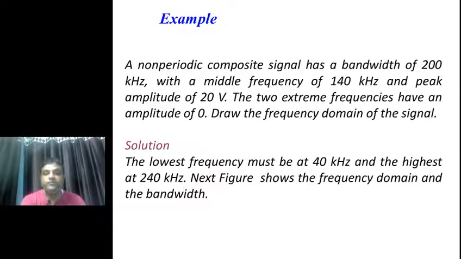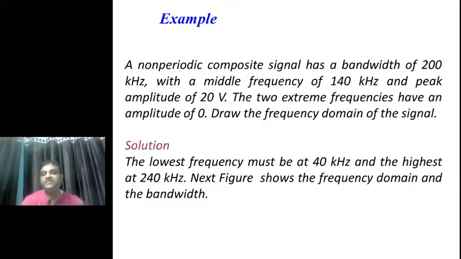If we move from 40 kilohertz by 100 kilohertz, it becomes 140 kilohertz. That is the middle frequency, because the center frequency is always at the middle. It means that when the bandwidth is 200 kilohertz, from the center you move left 100 kilohertz and right 100 kilohertz.